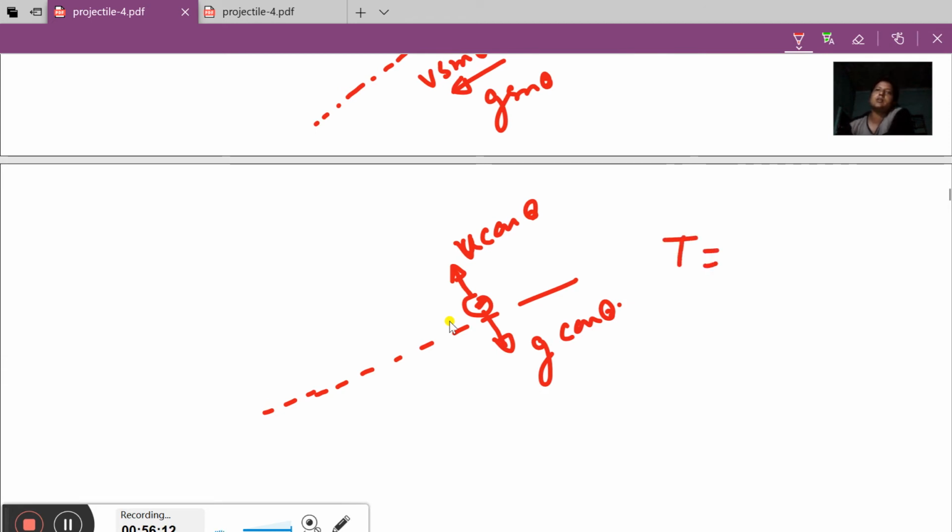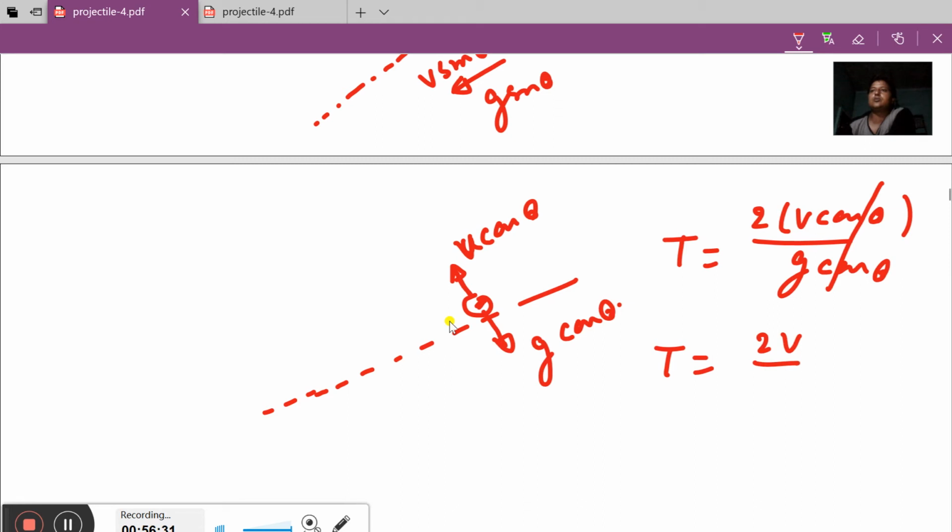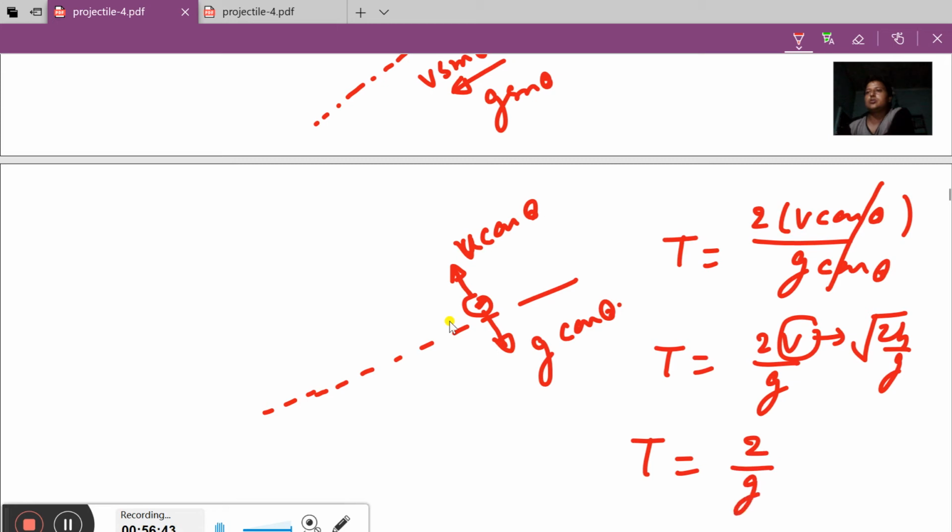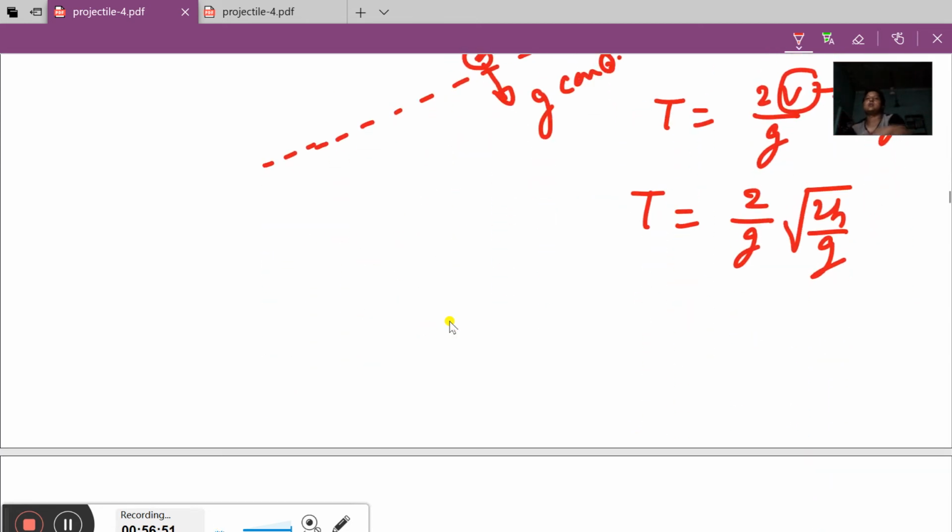So time of flight is 2 v cos theta over g cos theta. Cos theta gets cancelled. So time of flight is 2v over g. What is v? v is under root 2h over g. So time of flight comes out to be 2 over g under root 2h over g. This is the time of flight.